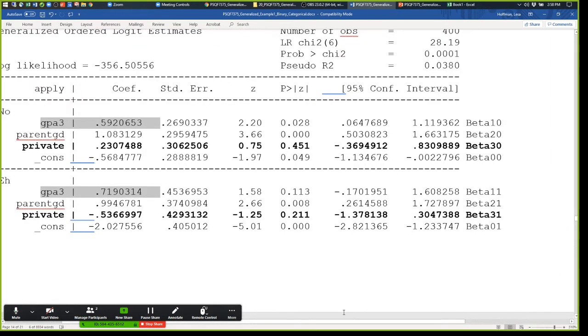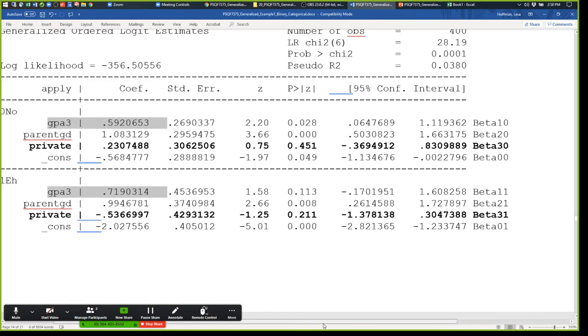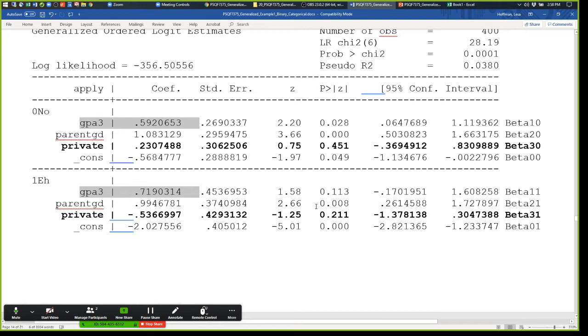You see those? The first number is 0.59, the second number is 0.72. So the logit of moving off of 0 goes up by 0.59 for every point of GPA. The logit of moving from 0 or 1 up to 2 goes up by 0.72 for every unit of GPA.